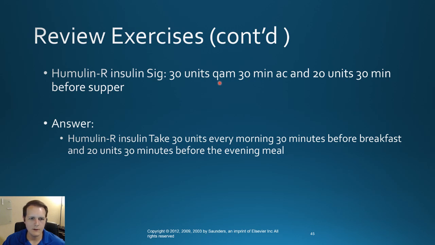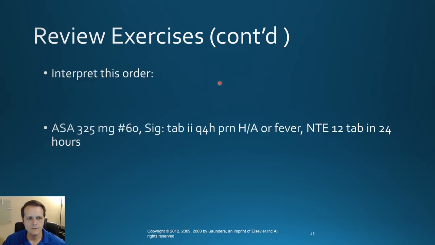So supper usually means evening meal. One thing to note here is this should include the route of administration. And again, some of these things may seem pretty obvious, but this one should include things like subcutaneously. So I would say either inject 30 units or take 30 units subcutaneously every morning, 30 minutes, blah, blah, blah. Again, routes are really important to include on these as well.